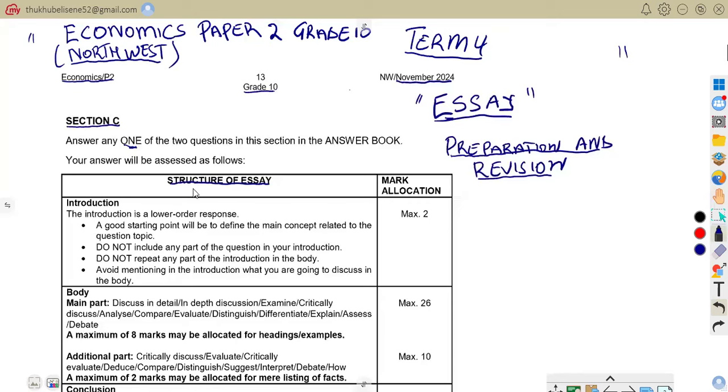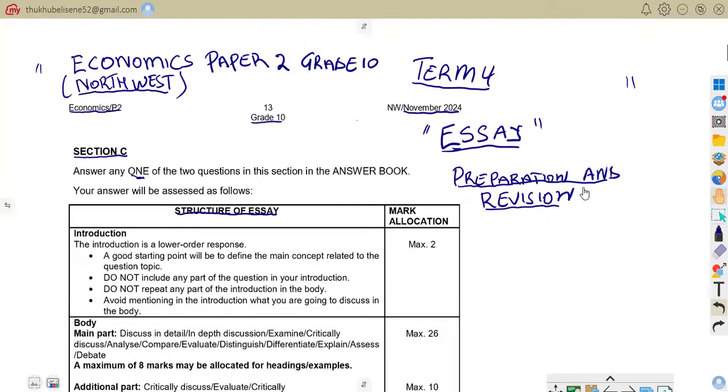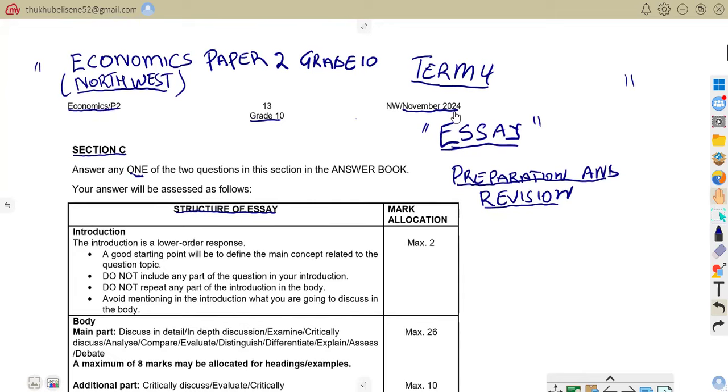As we are asked to answer only one question in this section, we are going to attend to both of those questions, so that when the exams come, we are ready and prepared to write an essay question on economics paper 2. This paper was written in Northwest in November 2024.